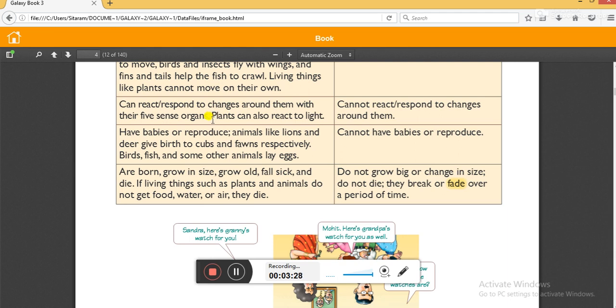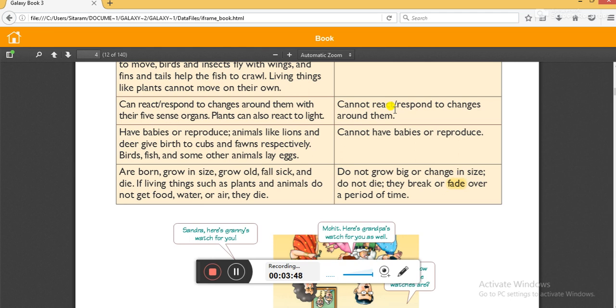They react if they get hot, or they feel pain. What are the 5 sense organs? Eyes, nose, ears, tongue and skin. Plants can also react to light. But non-living things cannot react or respond to changes around them.